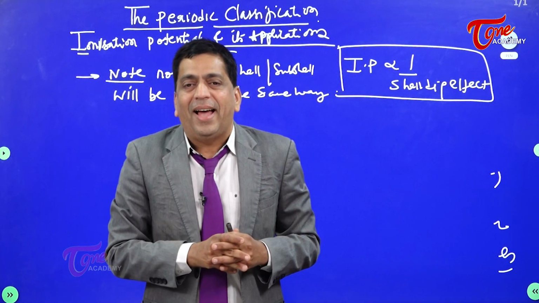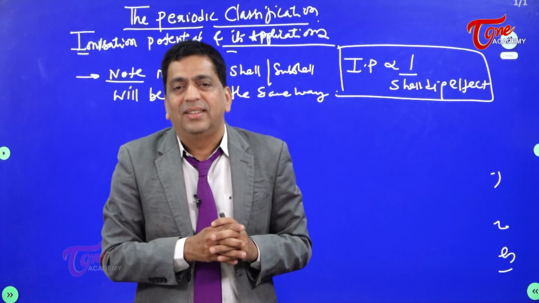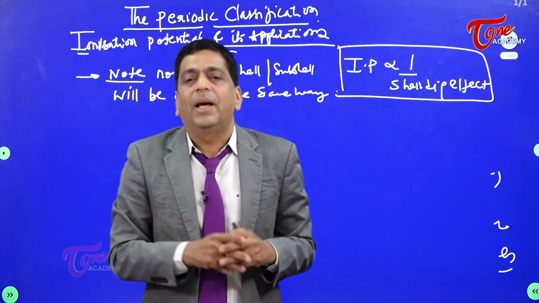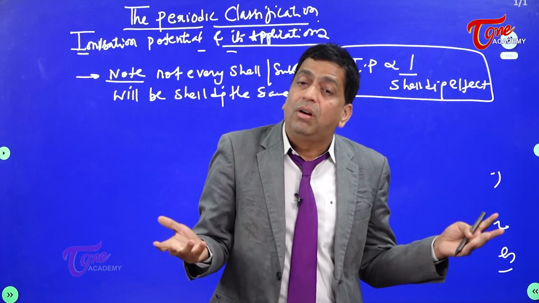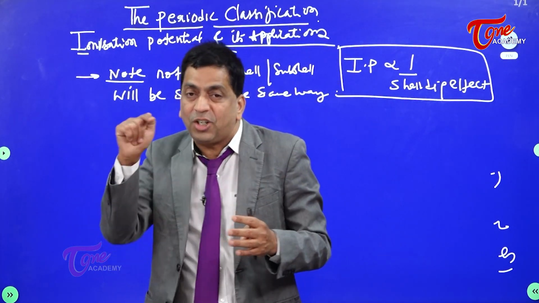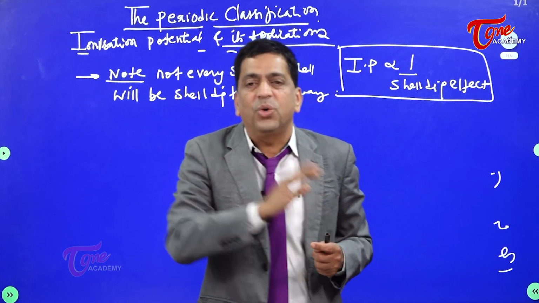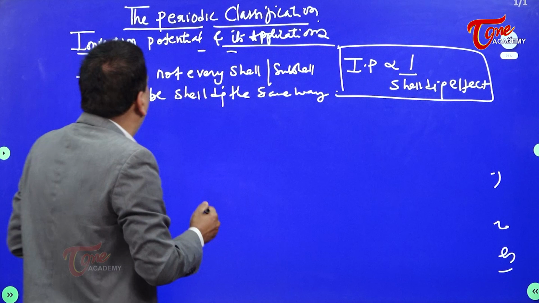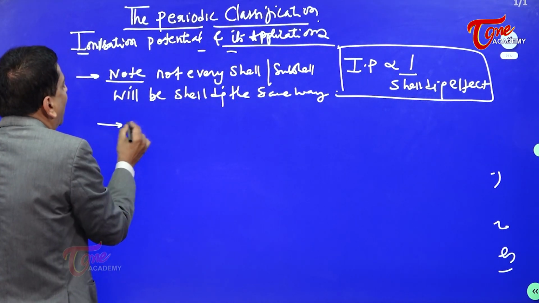The outermost shell. And some of them are porous. They have holes. Then the nuclear force of attraction penetrates through such subshells and falls on the outermost shell.